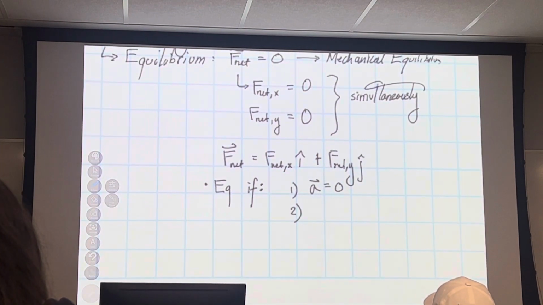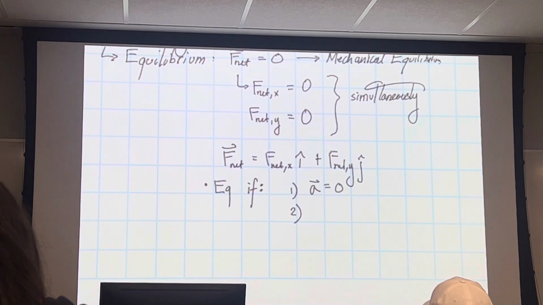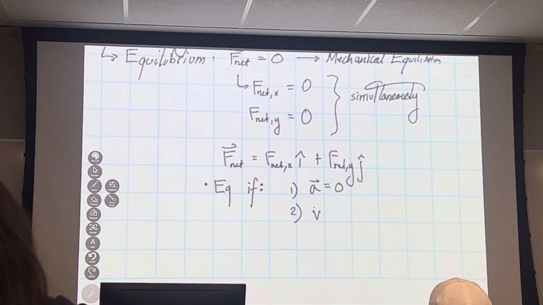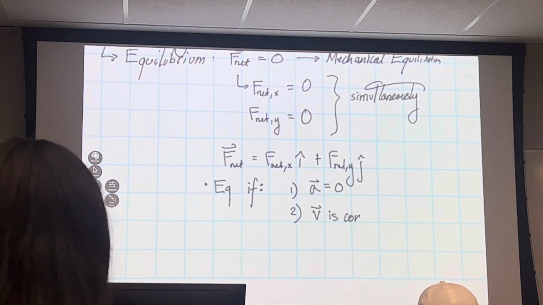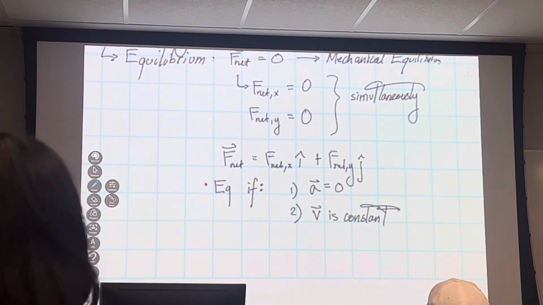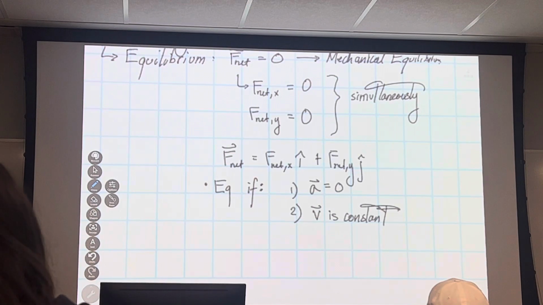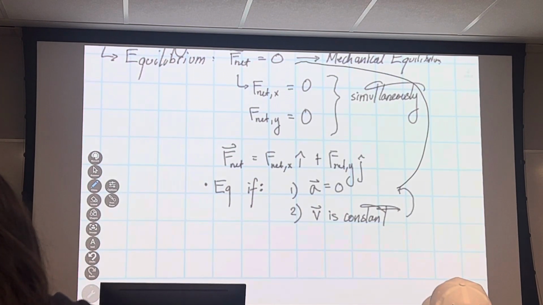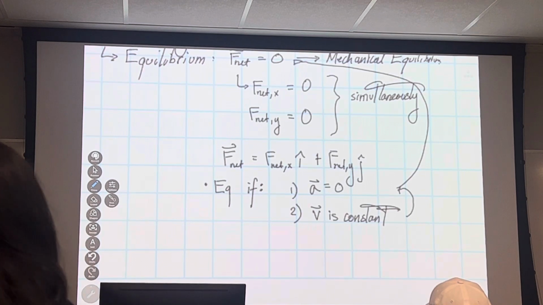Well, what does acceleration equal to 0 actually mean? That means velocity is constant. That is another indication that you are in equilibrium. All of these mean the same thing: velocity is constant means acceleration is 0, which means through Newton's second law, F net is equal to 0.